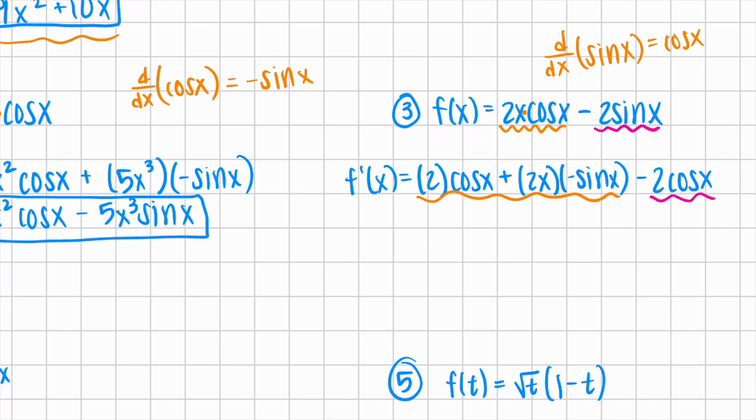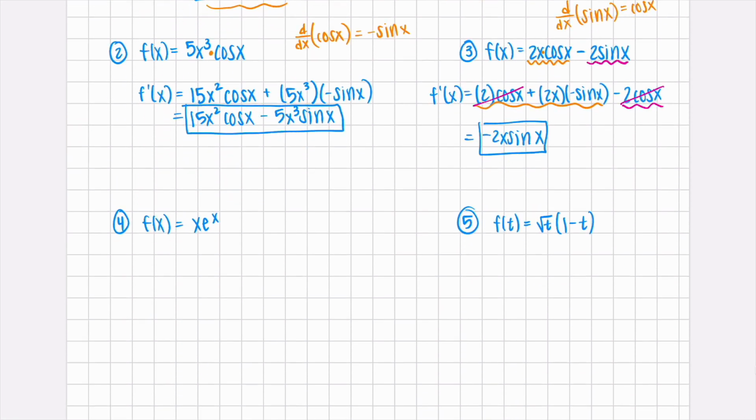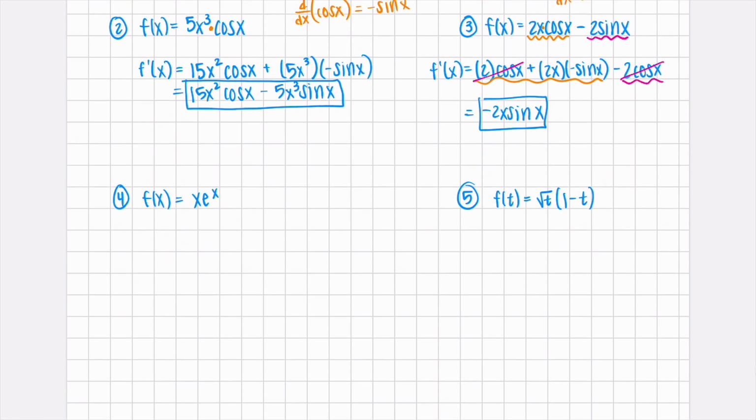I have noticed that your 2 cosines of x cancel. 2 cosine of x minus 2 cosine of x is 0. I am left with negative 2x sine of x. Couple more examples.